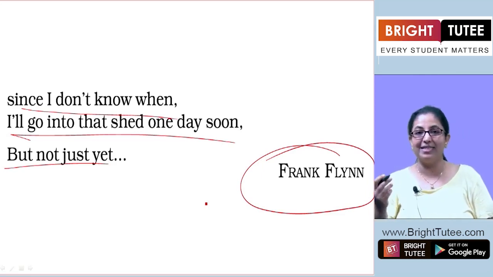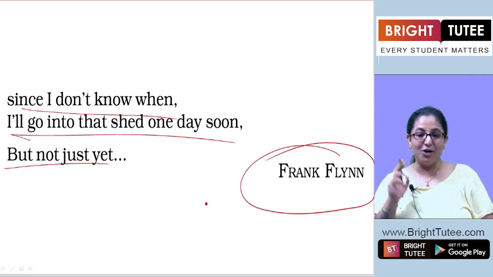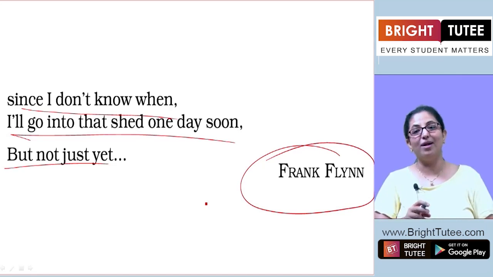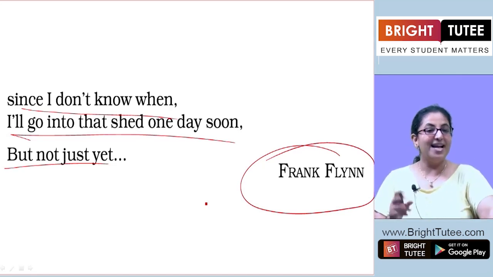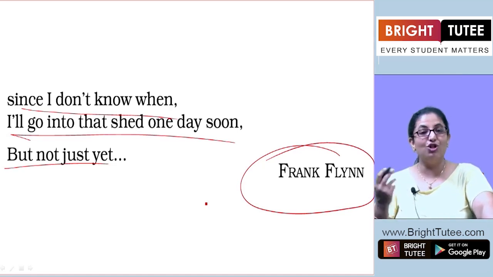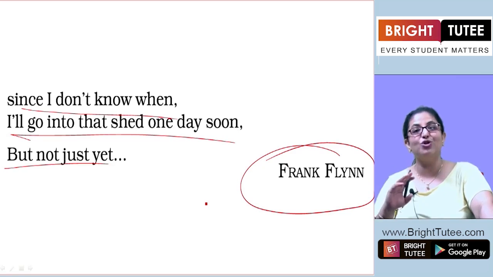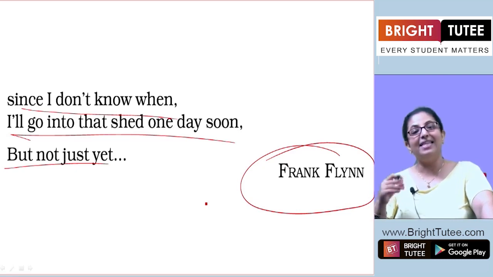So the speaker says, for sure, I am going to enter the shed because I know my brother lies, because he wants that particular shed as a secret place, as his den. So one day, I will surely go inside the shed to see what exactly there is. Though I know that there is nothing, there is no ghost, not even the spiders. Nobody makes noise. Nobody peeps through the window. But as of now, I'll wait and someday I will surely go inside.